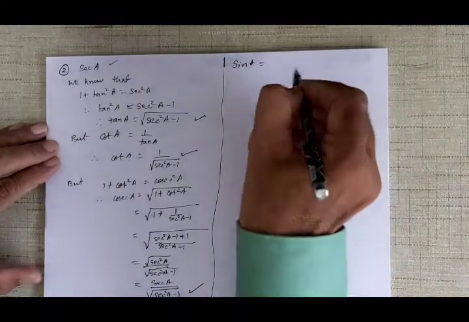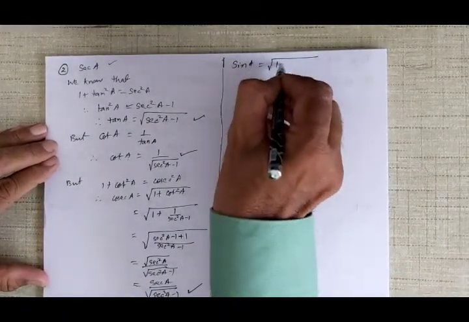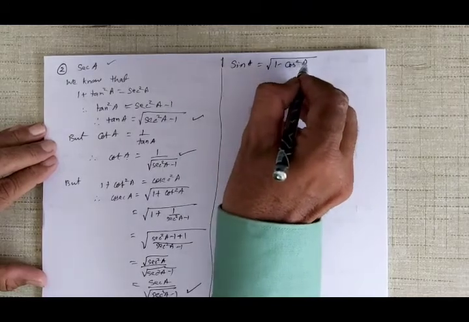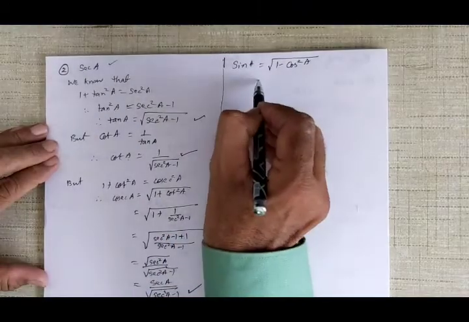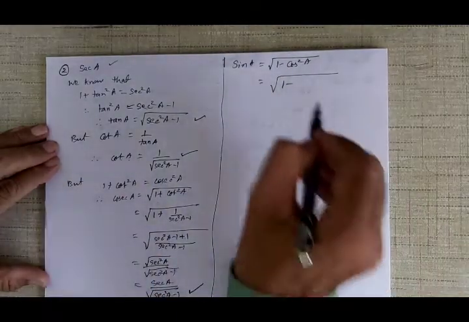Remember that. Now, once again, sin A is square root of 1 minus cos square A. Cos is the reciprocal of sec.